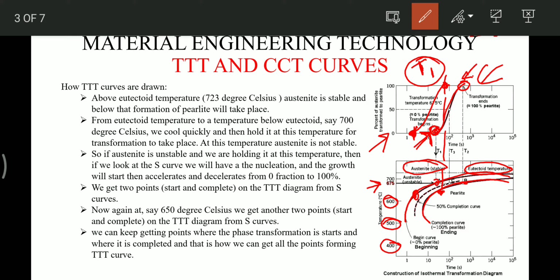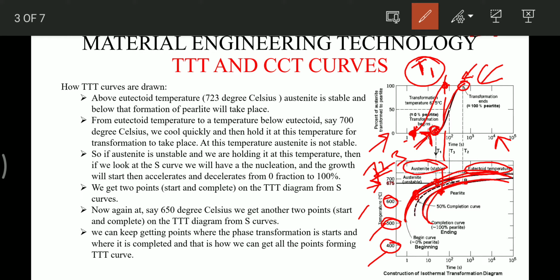Below the austenite temperature, that is 723 degrees Celsius, the eutectoid temperature, at any temperature, suppose 600, 500, 400, we can draw the S curves, and corresponding to the starting and ending points of all the S curves, we can join them and draw these TTT curves.